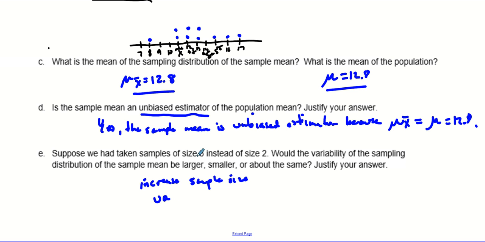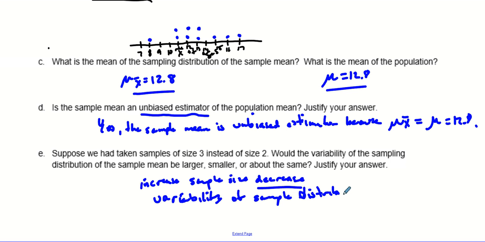So if we take samples of size 3 instead of size 2, it would decrease the variability of the sampling distribution of the sample mean.